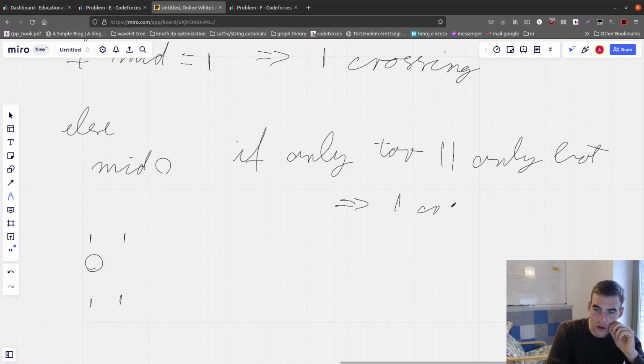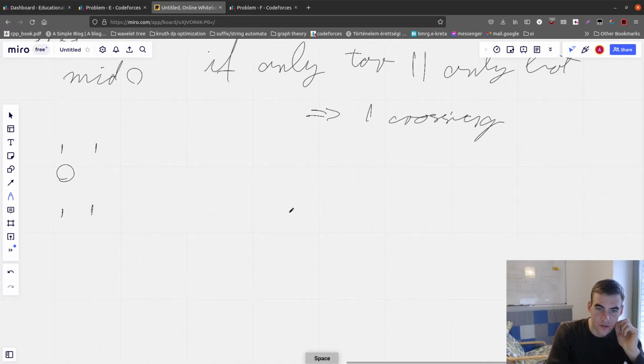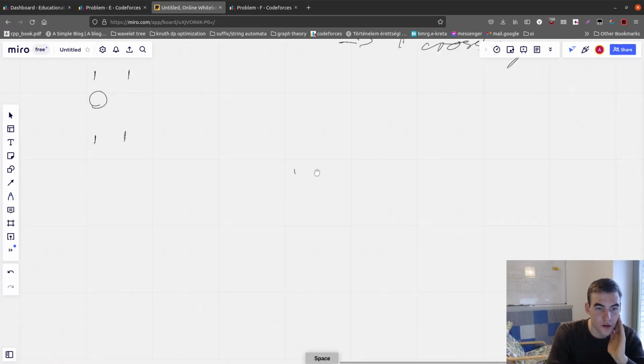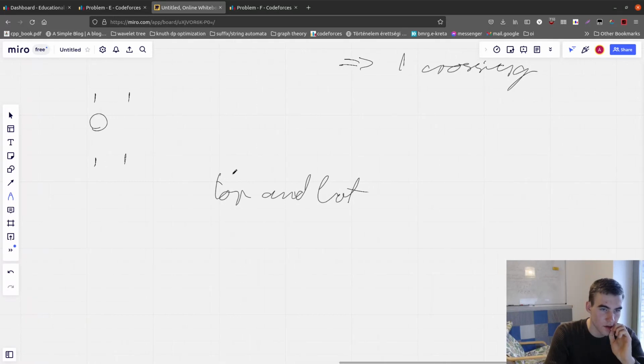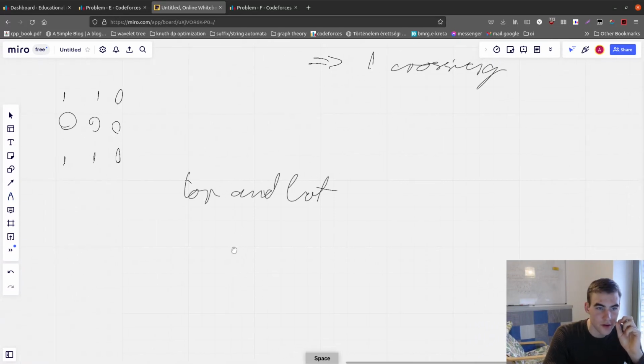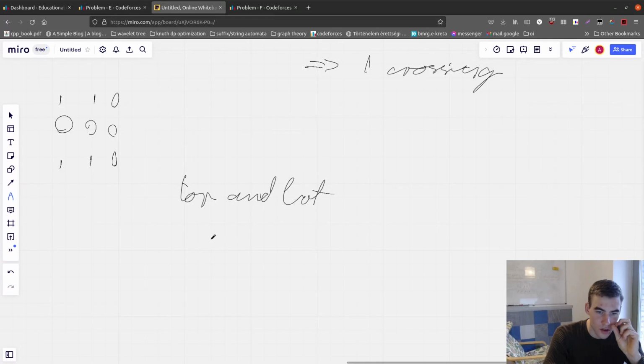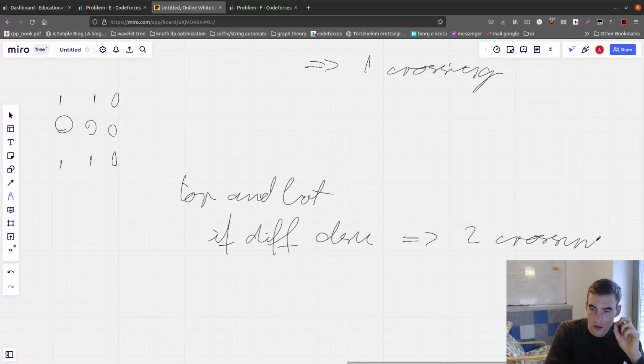There's 1 crossing. And then if there's top and bottom, in that case, I need to look. So first of all, I need to look if they're in different disjoint set unions. If different DSU, then 2 crossing.